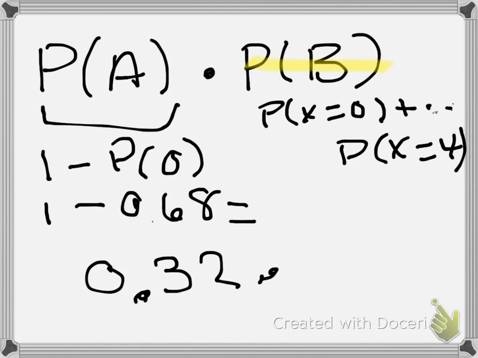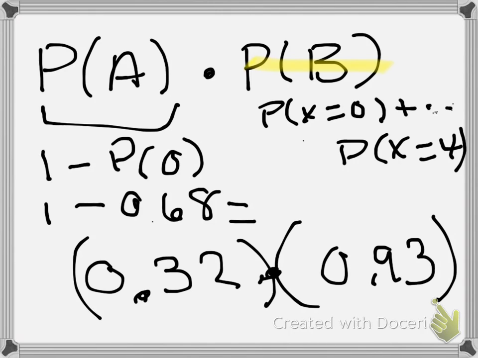So the probability that X is equal to 0 plus the probability that X is equal to 1 plus the probability that X is equal to 2 plus the probability that X is equal to 3 and plus the probability that X is equal to 4. When you add that up, we get 0.93. So now we have our two events that we're multiplying together, and when you get that, it's equal to 0.2976.